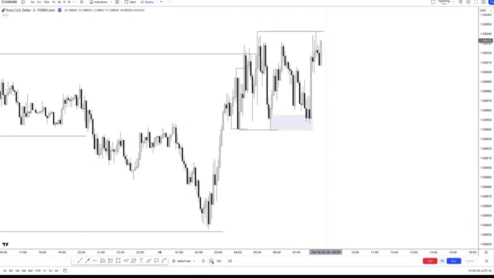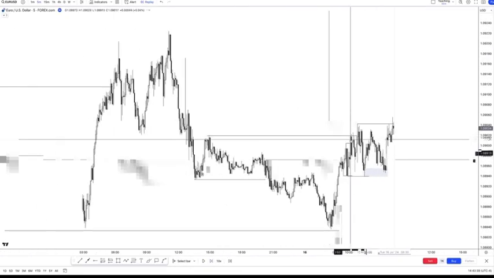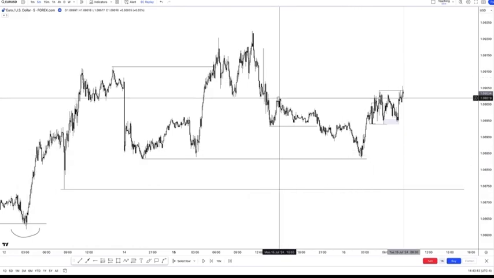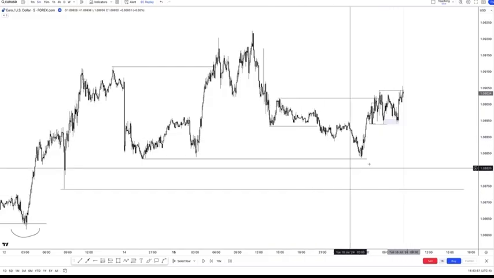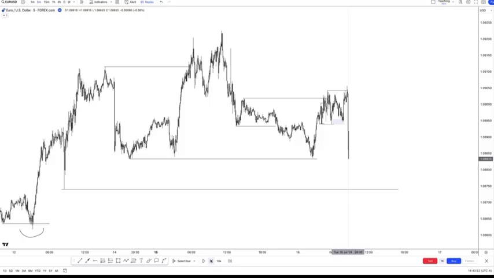Now we're approaching 8:30. Again, look at the liquidity we've left at the lows. We just took this internal, trapped sellers, and left all of this at the lows. So just anticipate a nice move to the downside here, which we do get.